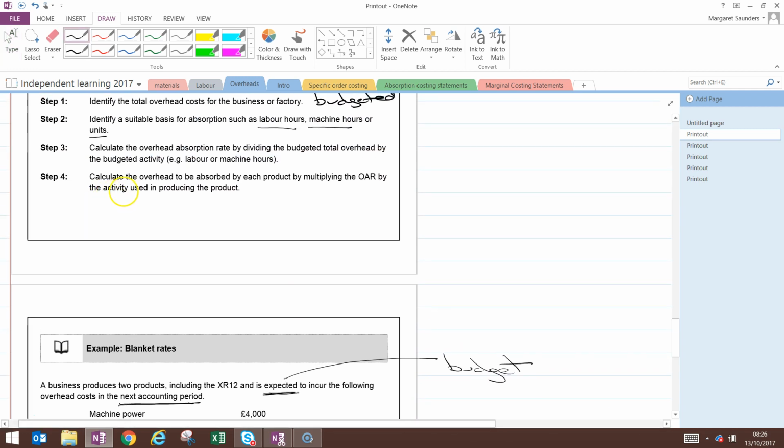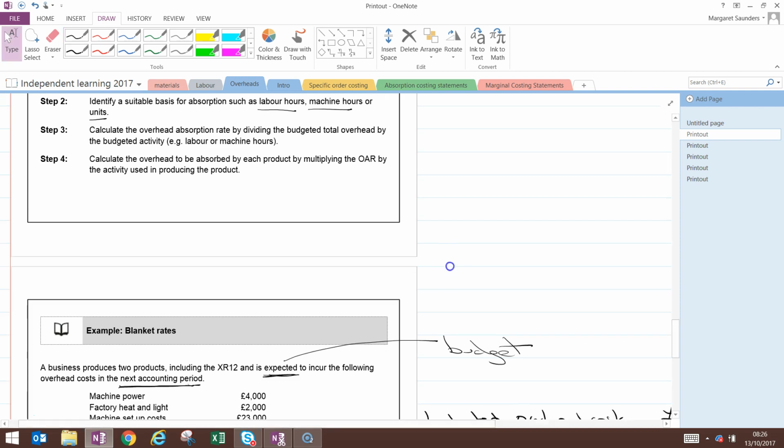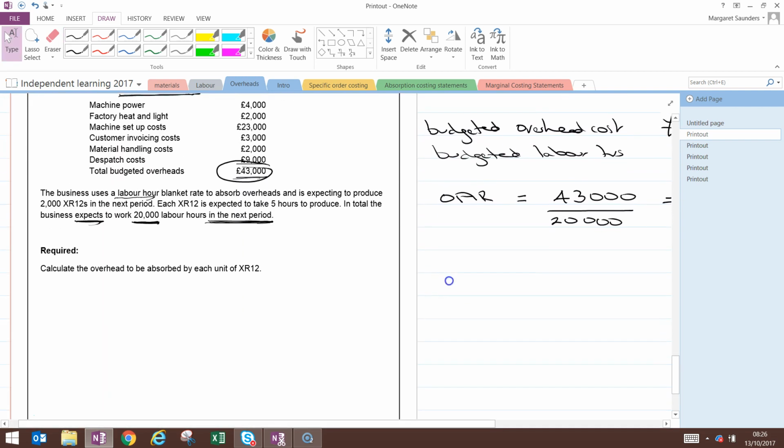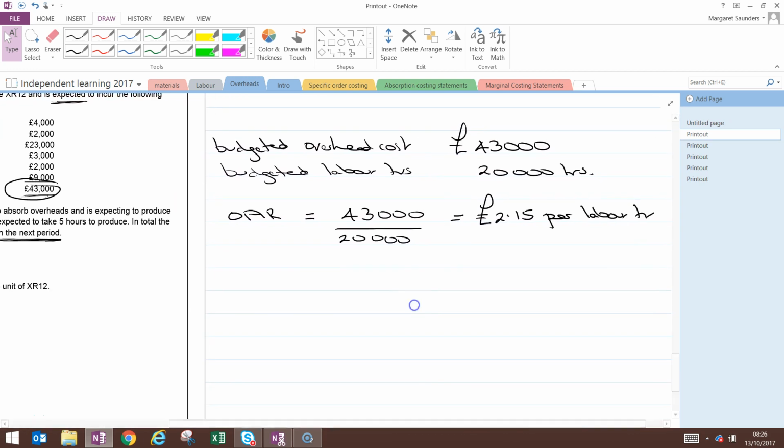And step 4, calculate the overhead to be absorbed by each product by multiplying the OAR by the activity used in producing the product. So our OAR is £2.15 per labour hour. So the overhead absorbed, and remember absorbed means added, so how much overhead are we going to add to the prime cost of our product?